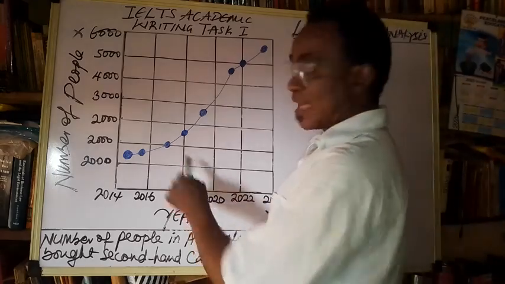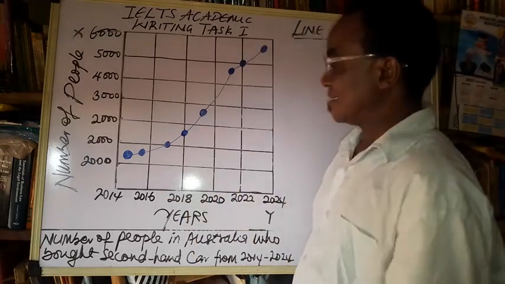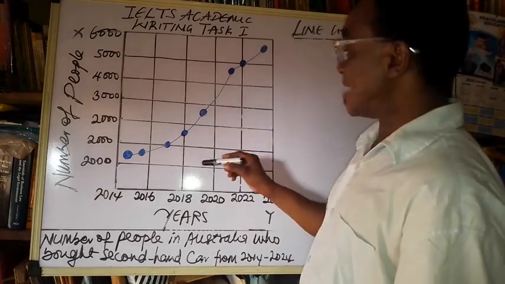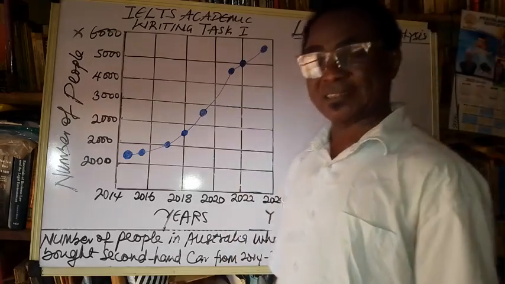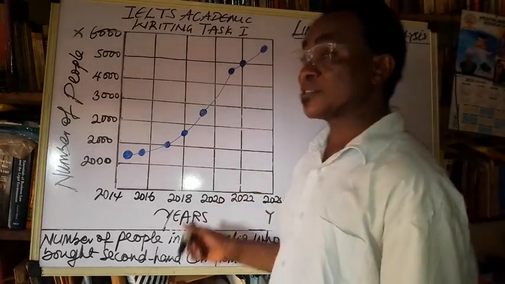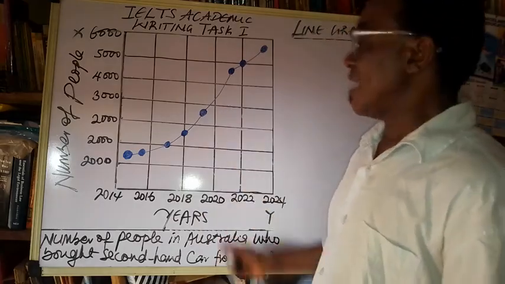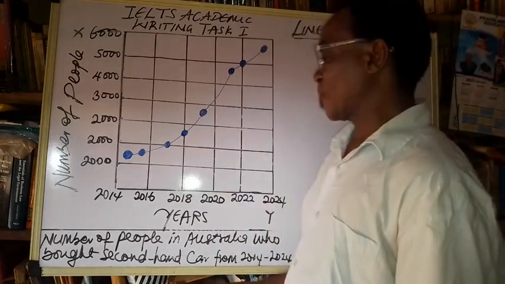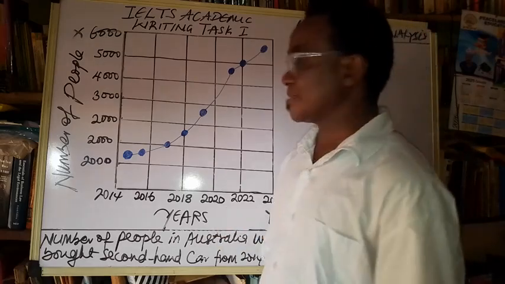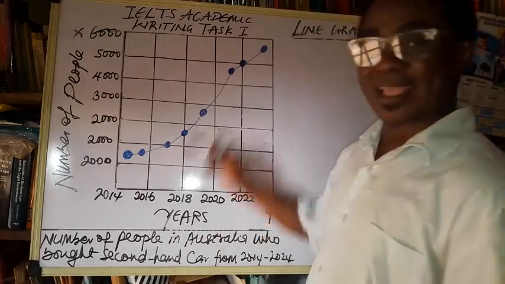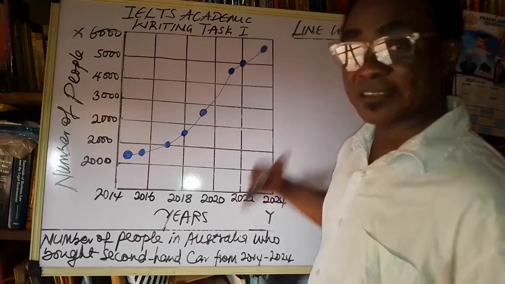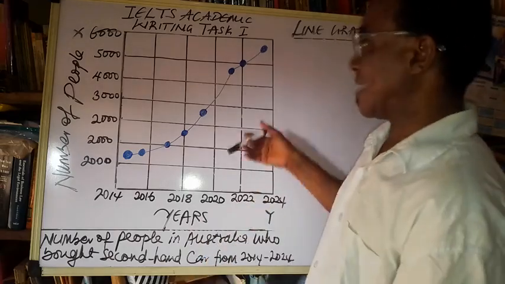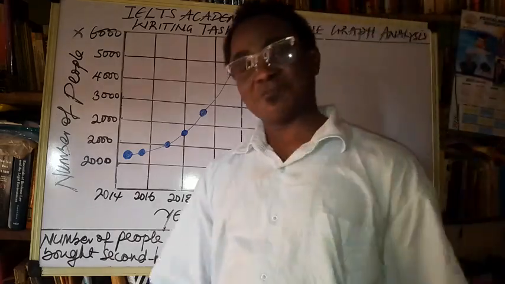So at a glance, the graph represents a continuous rise, a steady increase in the number of Australians who bought used cars. After being stable for the first 3 years, from the fourth year, the number started increasing, and the increase was sustained till the end of the survey period.